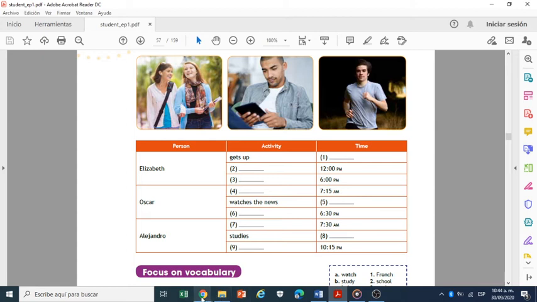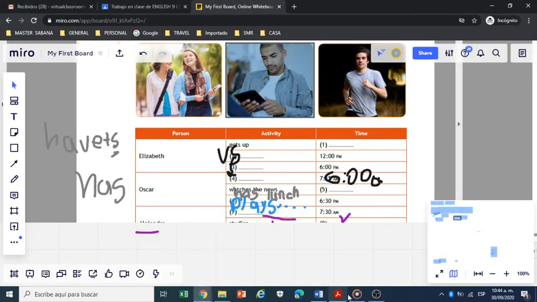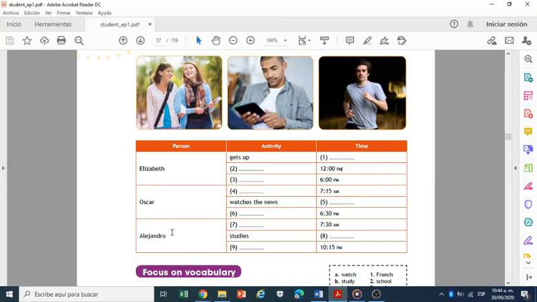3. Alejandro. Hi, I'm Alejandro. I go to school in the afternoon. We start at midday. I usually get up at 5 a.m. and go running for 45 minutes. After that, I relax and have breakfast at 7:30 a.m. And later I check emails.